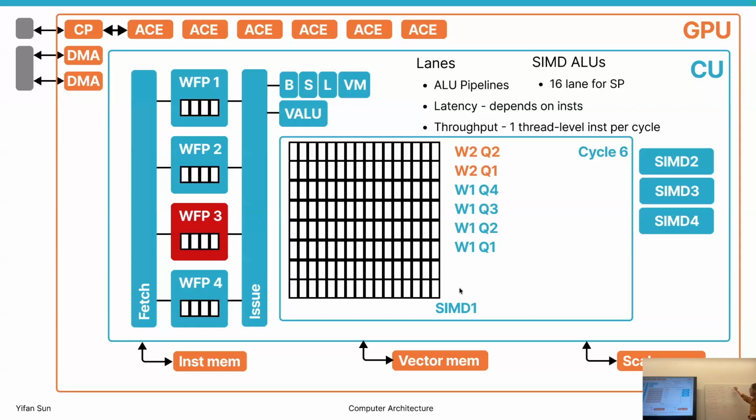And it's actually very interesting that when RDNA came out, they named it not CU but DCU, dual CU. That means it's combining 2 CUs together. It has the power of 2 compute units. Okay. Question?